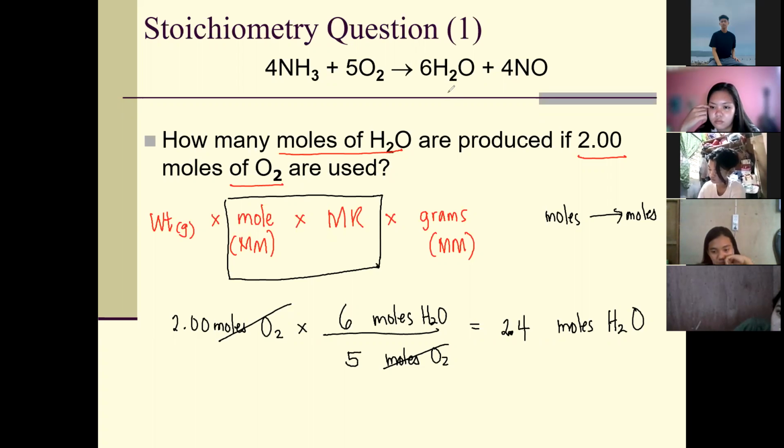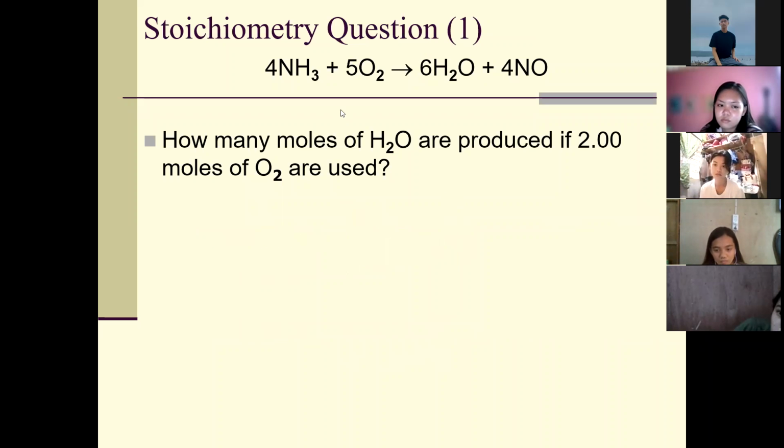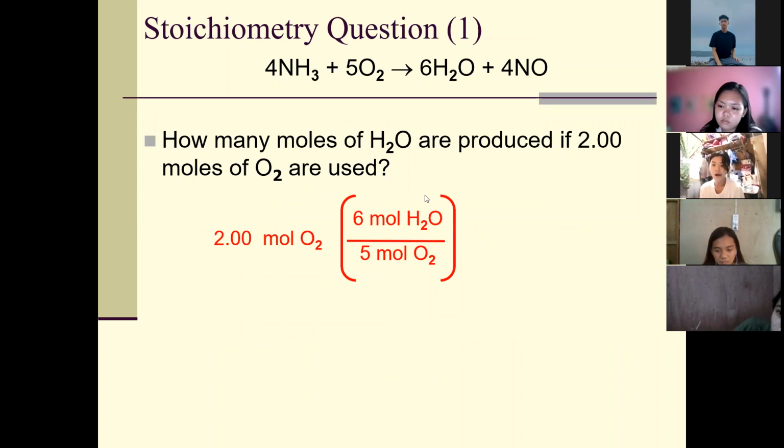Tandaan nyo yung part ng pattern. Depende kasi siya sa given and sa hinahanap. Can I erase the writings on the screen now? So we have actually here this one. Balikan natin siya, 2 moles of oxygen.